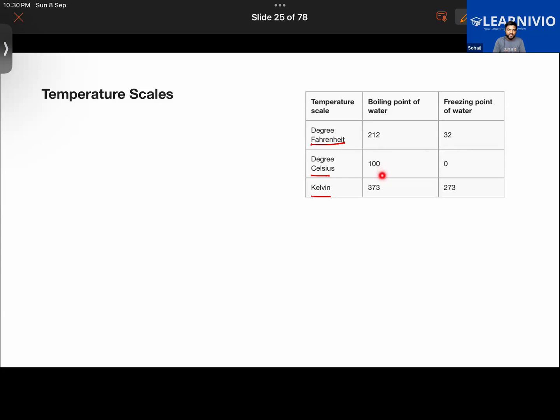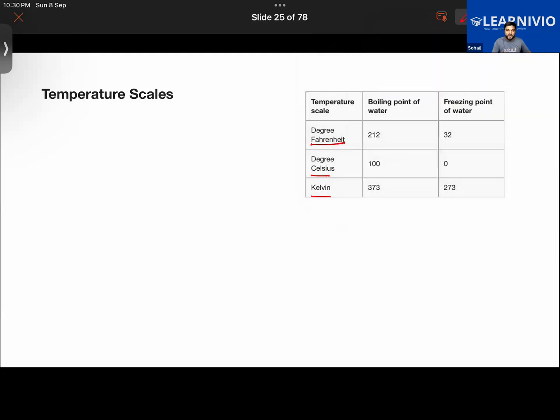And on the Kelvin scale it will be as follows. 0 degrees Celsius is the same as 273 Kelvin. 100 degrees Celsius is equivalent to 373 Kelvin. Is that clear to everyone? Yes, sir.